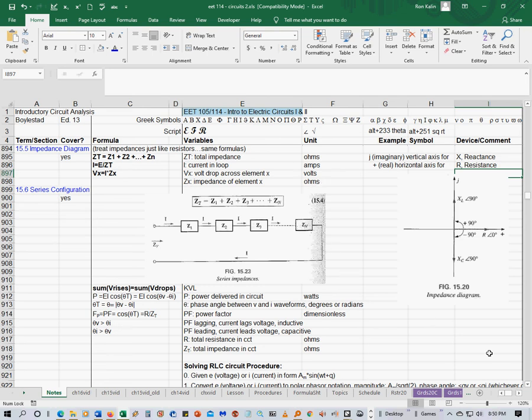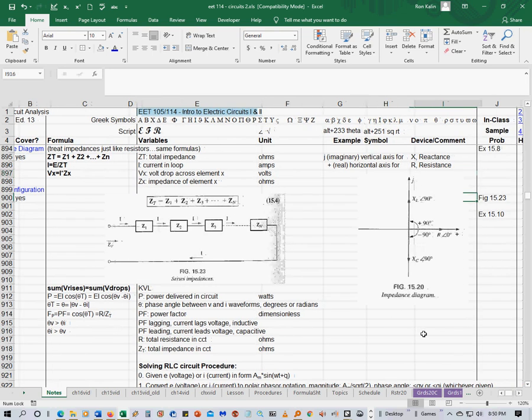The actual impedance diagram looks like this, where you have a vertical axis and a horizontal axis. The vertical axis is called the j-axis, or the imaginary axis, and that is going to be when you have a complex number and you have the value X, so you're going to have a complex number Z equals R plus jX.